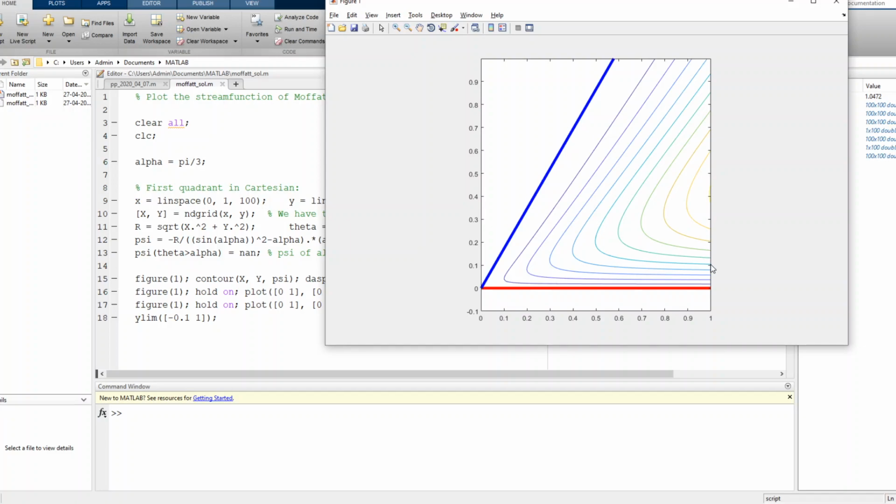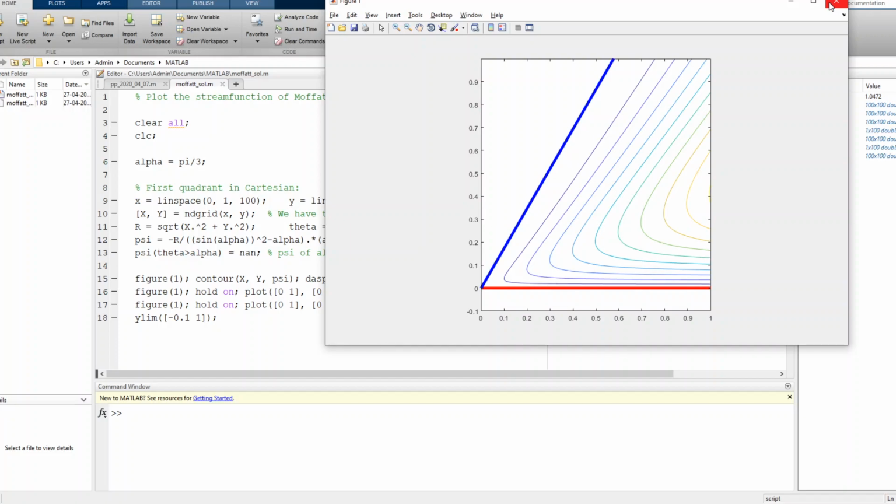Well, the answer is really simple. With the help of the stream function, you are in a position to now evaluate what the velocity field will be. With the help of the velocity field, you can make use of the quiver plot. I have shown how to make use of the quiver plot in an earlier video, and I will not repeat it in this video for sake of time.